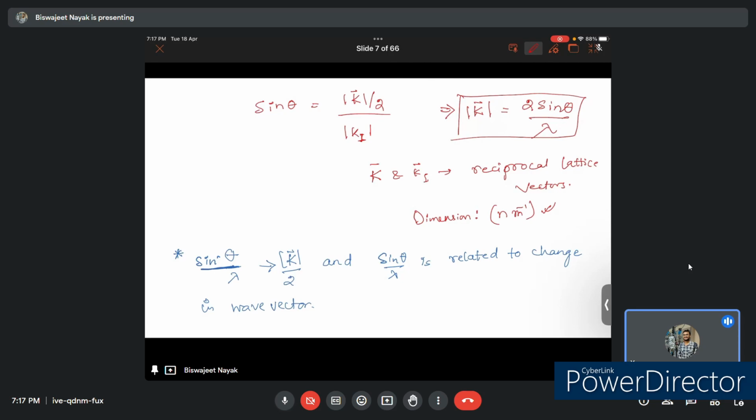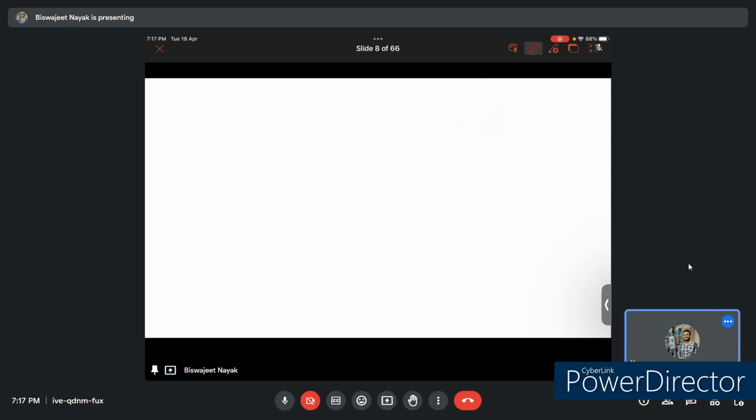So when we extend this argument to interference, let's say we have two beams that are scattered from two points C and D. These are two points lying at two different planes, and two wavefronts.